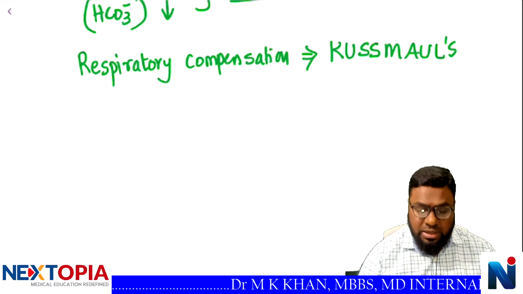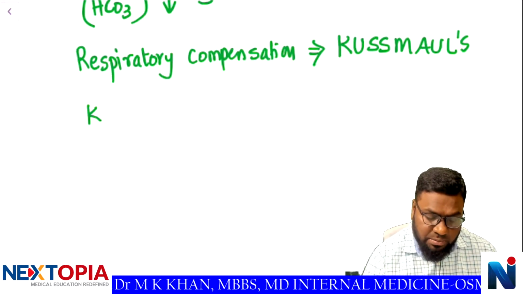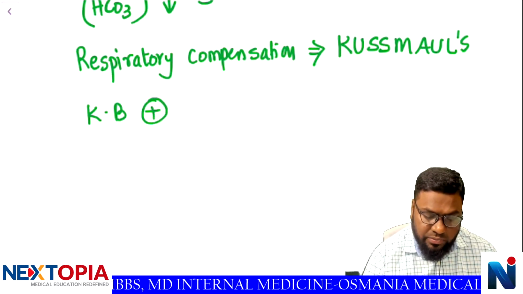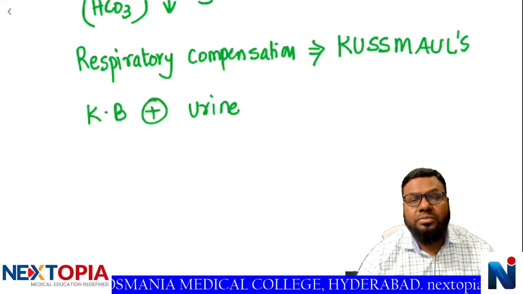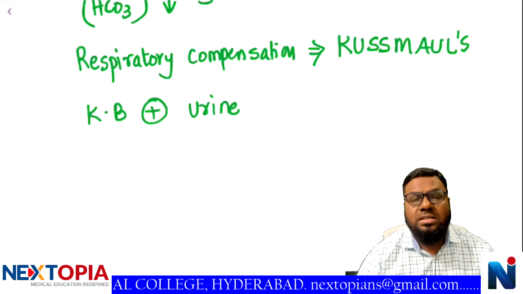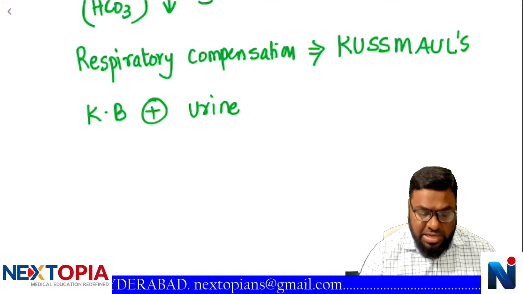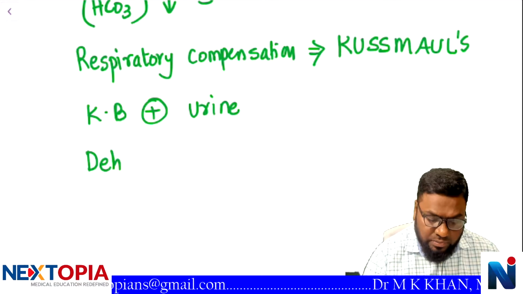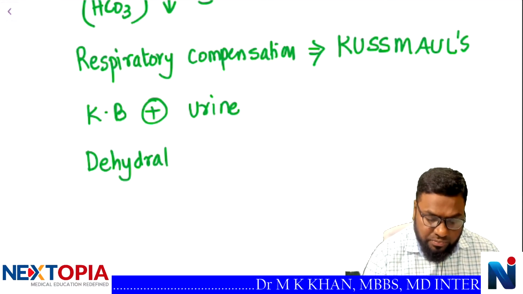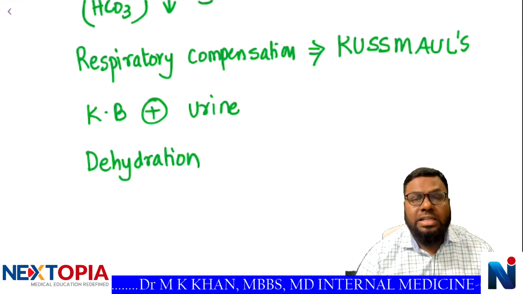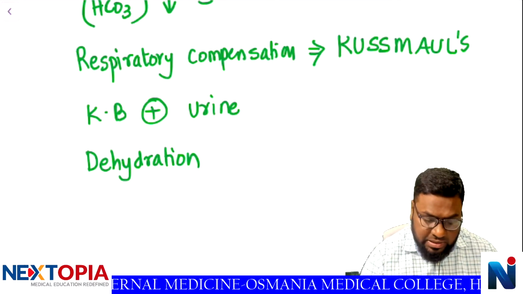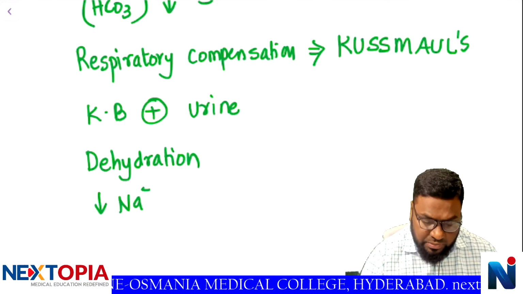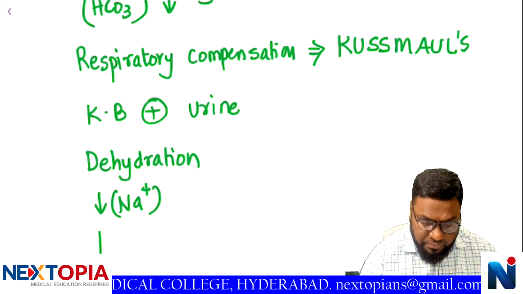Now if you check the urine, ketone bodies are present in the urine. Can be easily detected in the urine. Because of severe acidosis, patient will develop dehydration. And there is decrease in the sodium concentration because of polyuria.